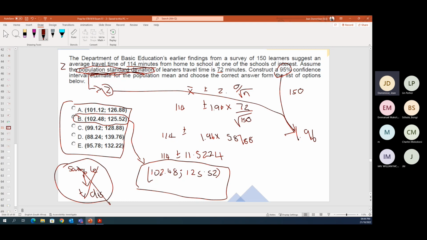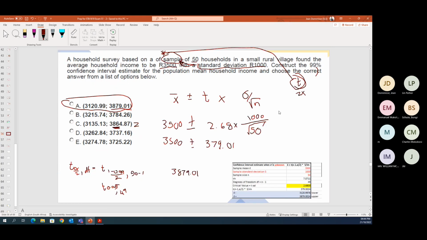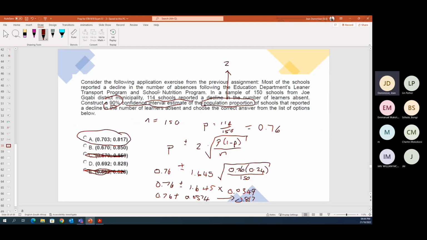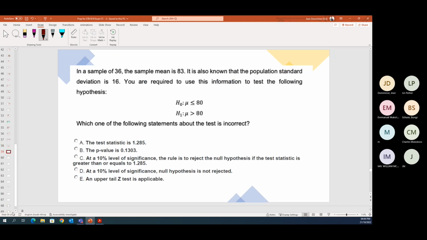So it's important that you're able to identify which one you use for Z, which one you use for T, and when there is a proportion involved as well. Okay, so that is confidence intervals. Questions thus far, or can we just continue with the next one?